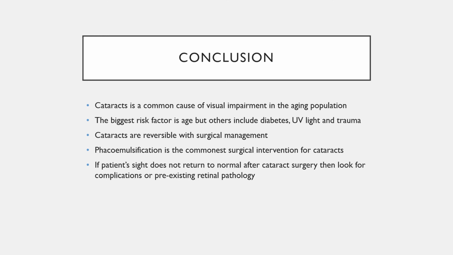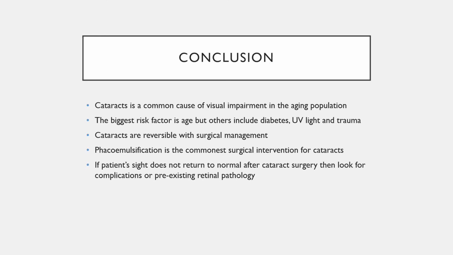Could there be a development of cystoid macular edema? Could there be a retinal detachment? All of these will require urgent ophthalmology review. Additionally, is there a pre-existing condition to the eye, particularly a retinal pathology?